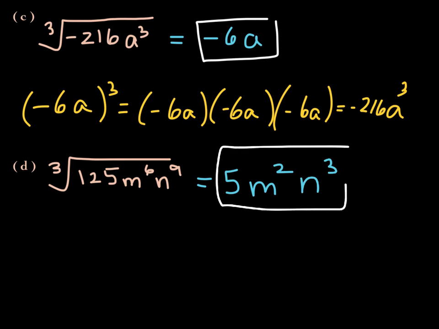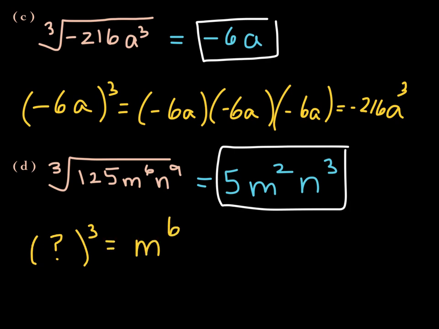Now let me work backwards. 125 is in that list that I mentioned earlier as one of your perfect cubes. It's 5 cubed, which is the reason why I put 5. As far as the cube root of m to the sixth goes, let me show you my thought process. It's really asking what expression cubed will give you m to the sixth.